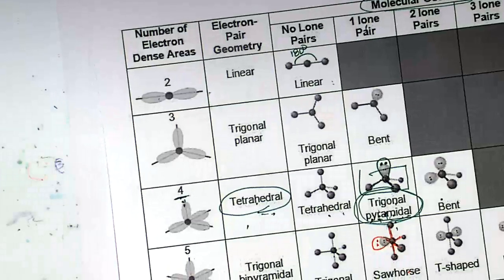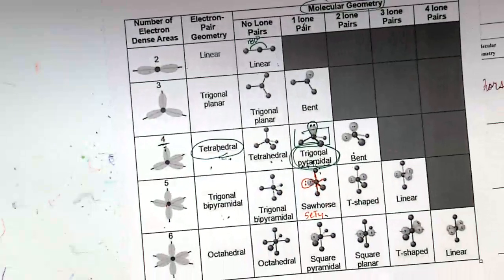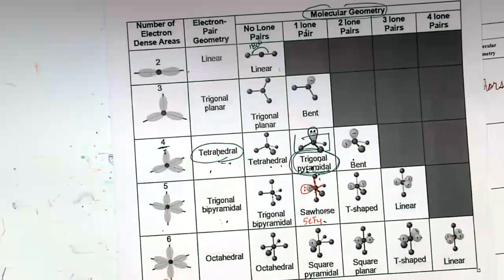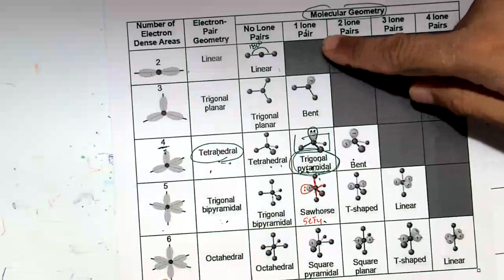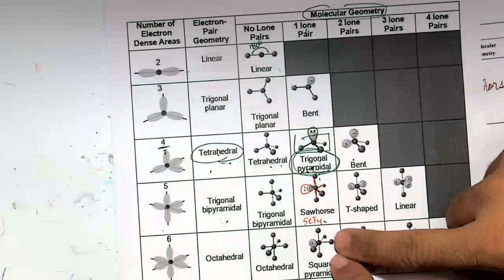So what will that make this? A total of 6 electron groups, and out of those 6, 1 is a lone pair.